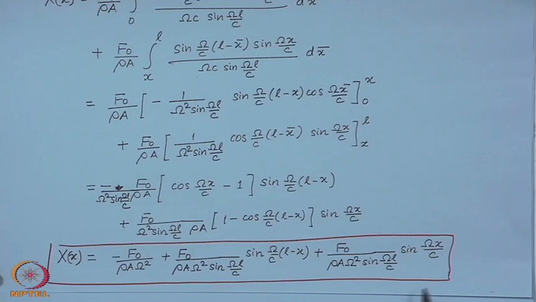Now, you can check this expression with what we obtained in the previous lecture when we solved this problem exactly. So, this was exactly the expression of the amplitude function.